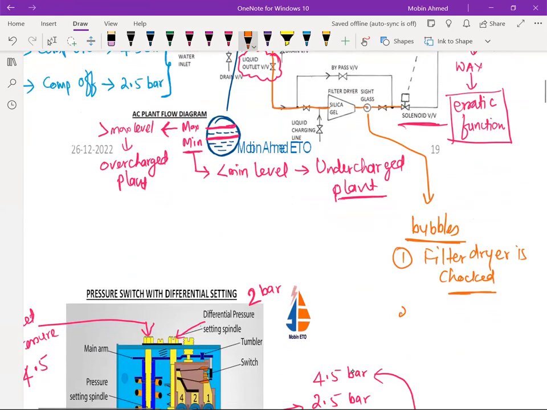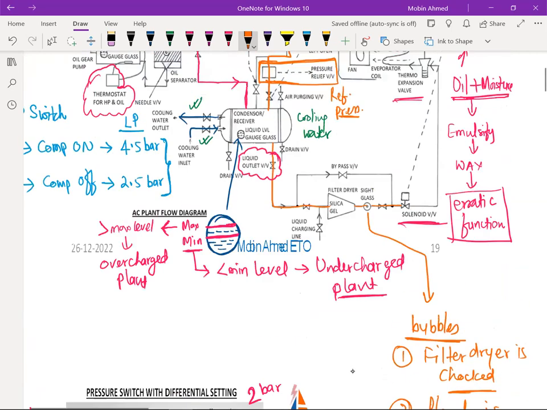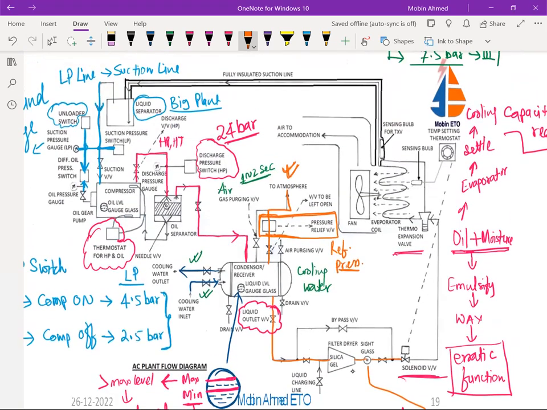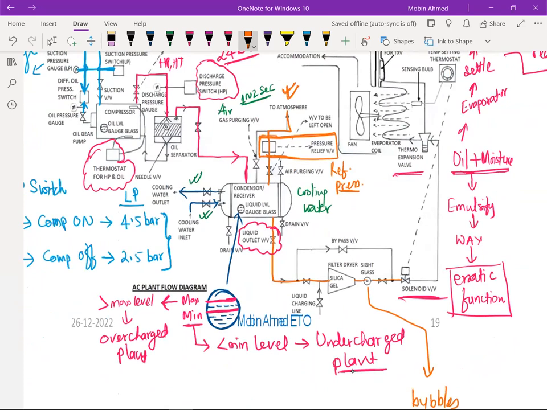But there are chances that the plant is undercharged. Now, how will you come to know that the plant is undercharged? If the plant is undercharged, you have to pump down and see the level. If the level is okay, that means your silica gel is giving you the trouble.